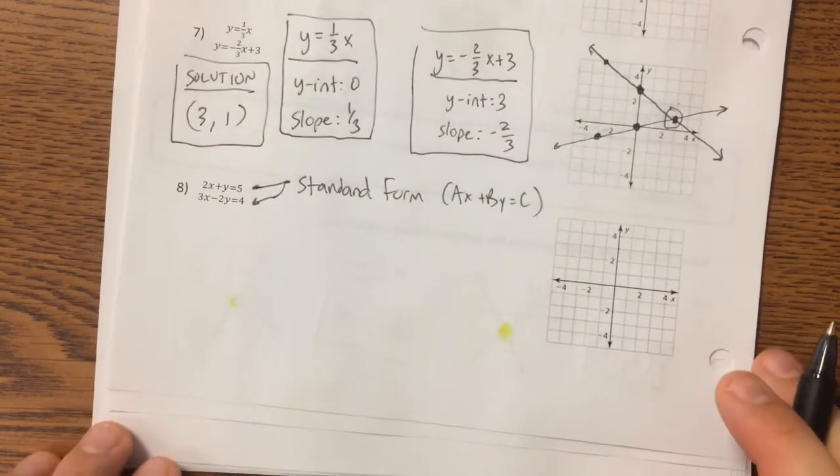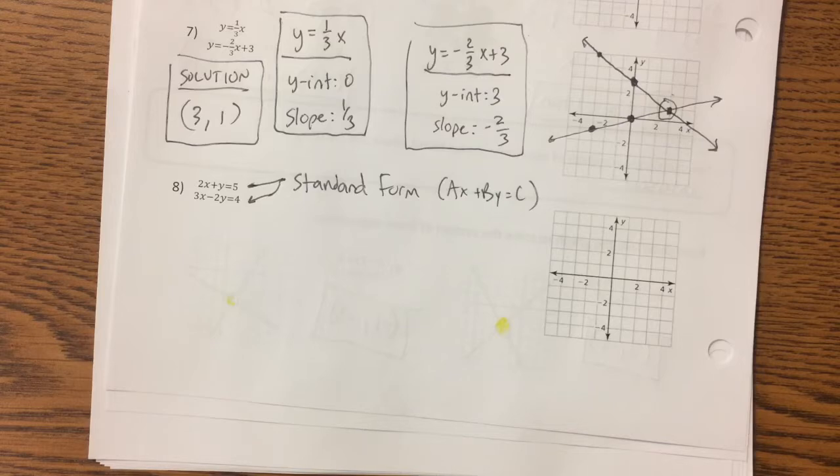When your equations are in standard form, the strategy for graphing is a little bit different. Instead of plotting the y-intercept and then using slope, you bypass the slope altogether, and instead you try to identify the x-intercept and the y-intercept. Back when we went over how to graph these, I called this the cover-up method, where you cover up the term you're not interested in and then solve the remaining equation for the appropriate intercept.